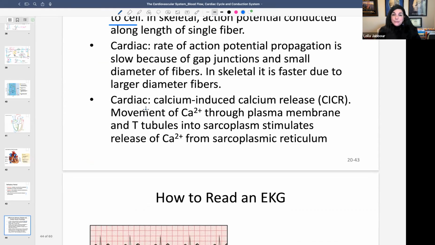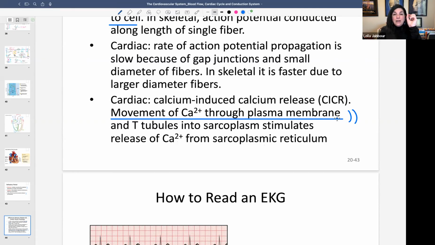And in cardiac muscle cells, we have calcium-induced calcium release. I talked about that earlier. Movement of calcium through the plasma membrane and T tubules into the sarcoplasm stimulates the release of calcium from the sarcoplasmic reticulum. We didn't have that for skeletal muscle cells. The movement of calcium through the plasma membrane is very, very important for cardiac cells to continue their job.